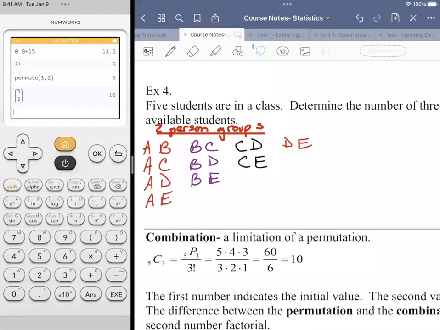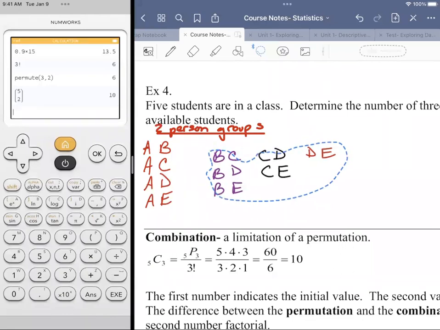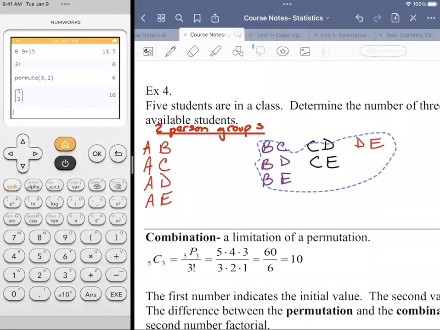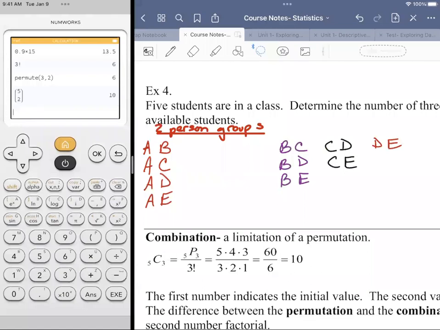All right, and I'm going to move some things over here, and I know you're doing pencil and paper, so it's not as student friendly, but I'm just going to tuck this off on the side for a sec. So if you have a 2-person group out of 5 people, these are the keepers. Starting off with AB.